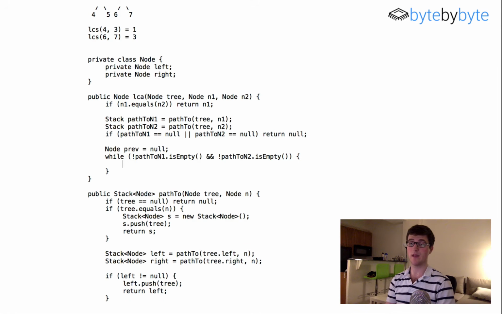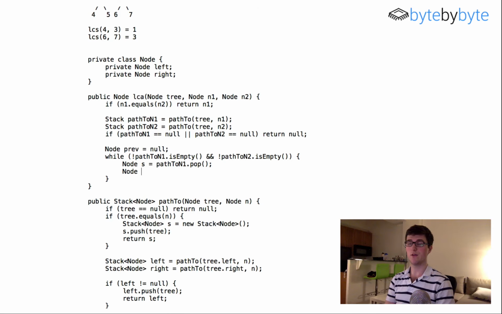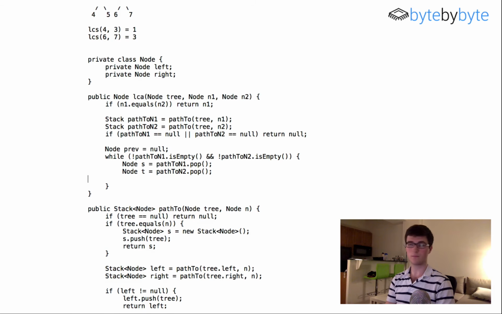So I'm going to say node s equals path to n1.pop, and node t equals path to n2.pop. And then if they're equal, I'm going to set that to be prev, and I'm going to continue. And otherwise, I'm going to break out because I've found the point where they diverge.